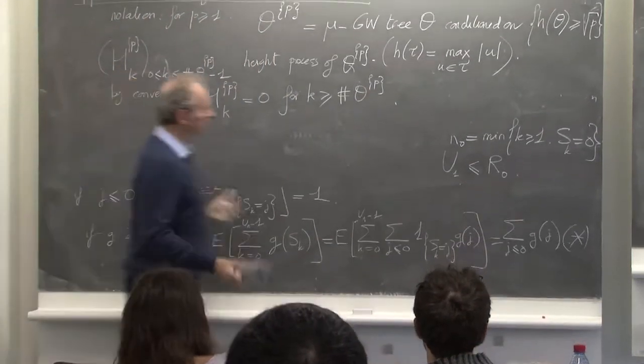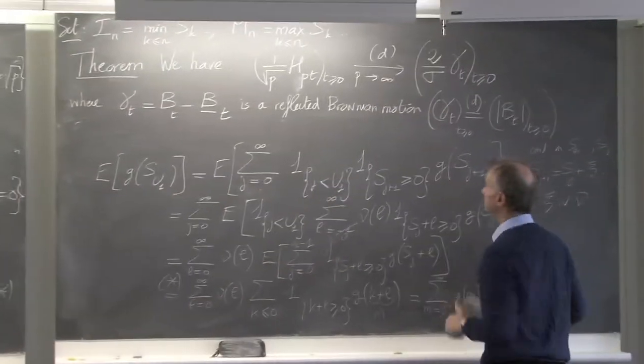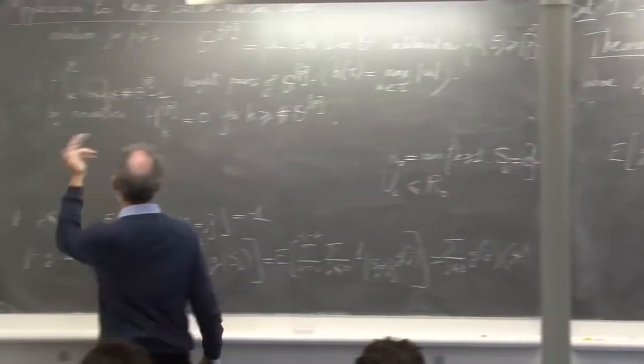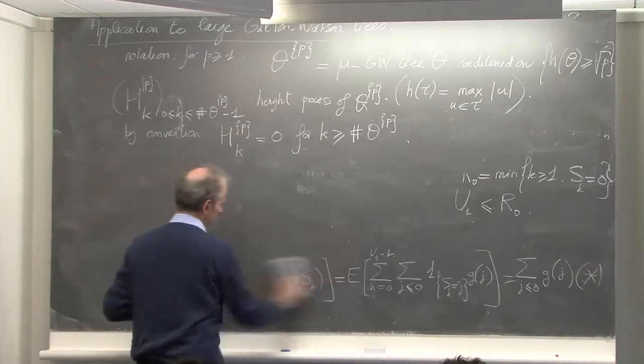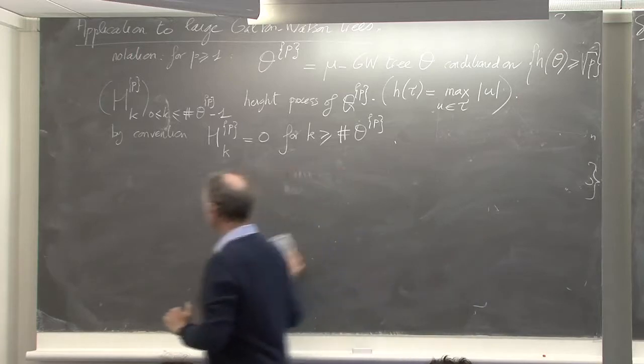Now I want to say, do I have some analog of this theorem if I take just one tree, conditioned to be large? And in fact, this works. So I state it as a corollary.